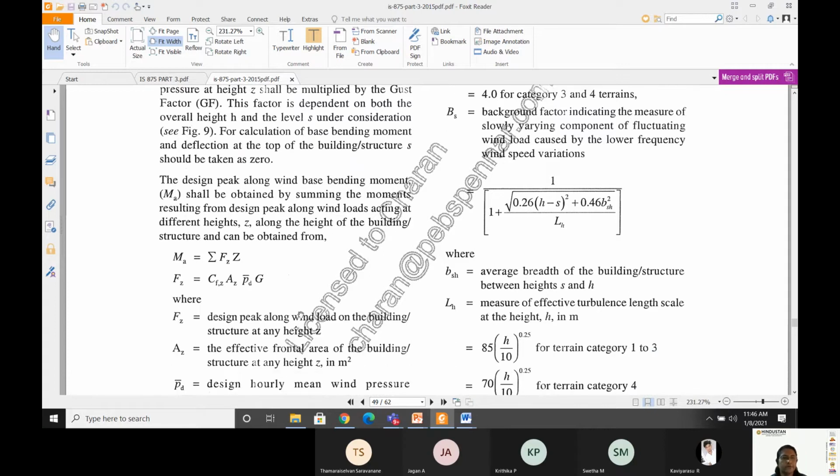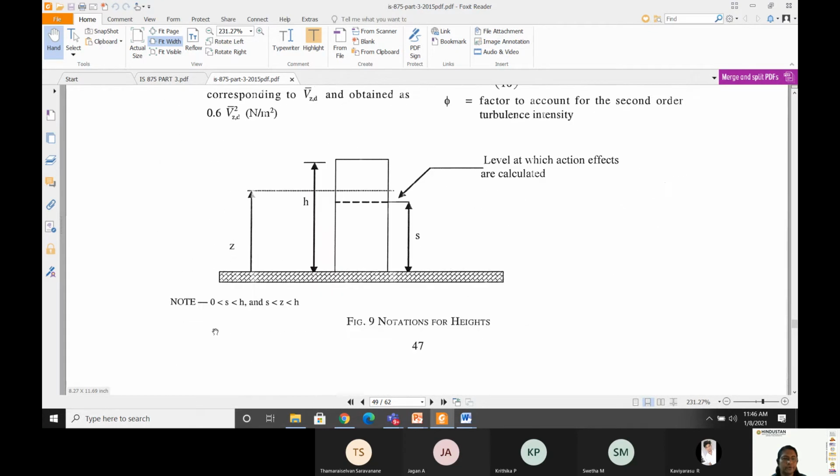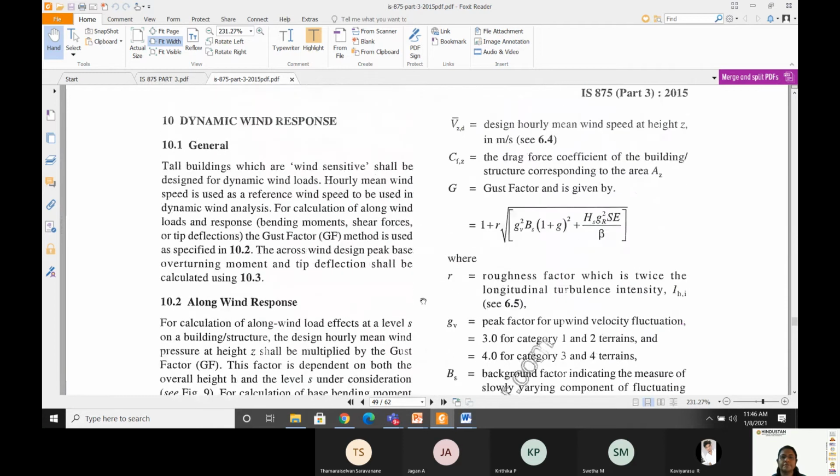It is self-explanatory, because Cf, A and Pd you know. When we talk about G, the gust factor, it is given by a big expression.